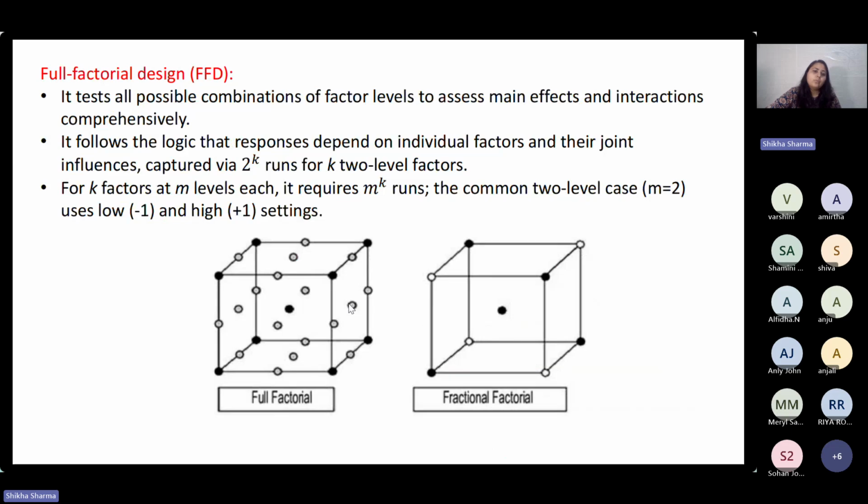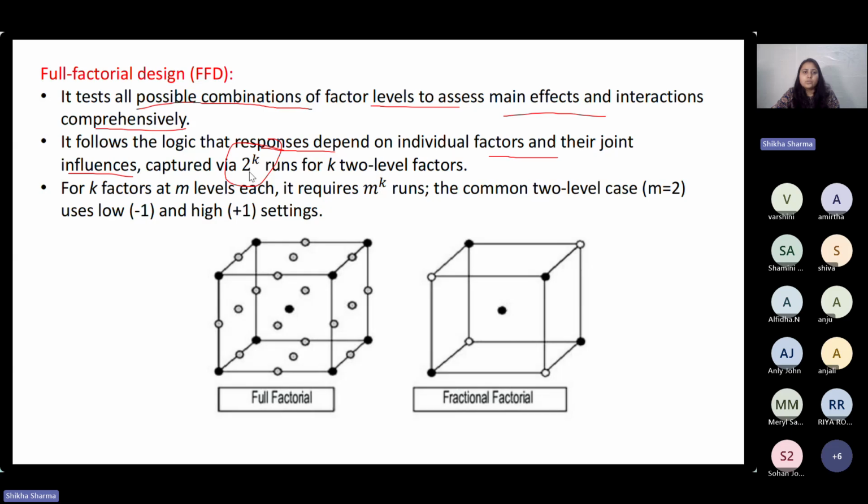One more design is the full factorial design. It takes all possible combinations of the factor levels to assess main effects and interaction effects comprehensively. It follows the logic that responses depend on individual factors and their joint influences. So it takes all 2 to the power k runs for any experiment.